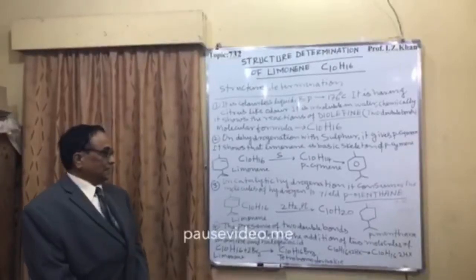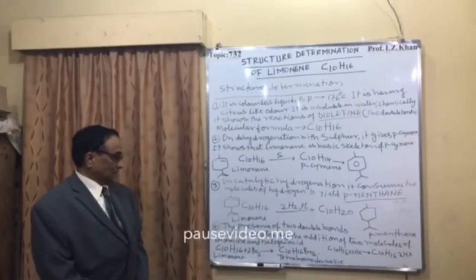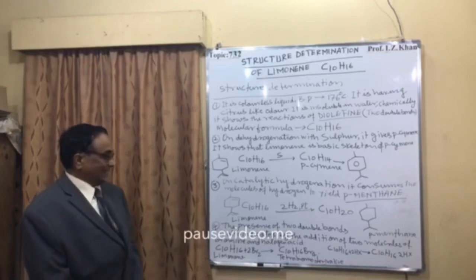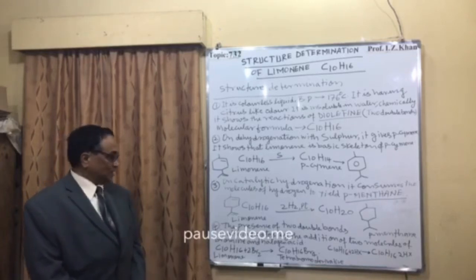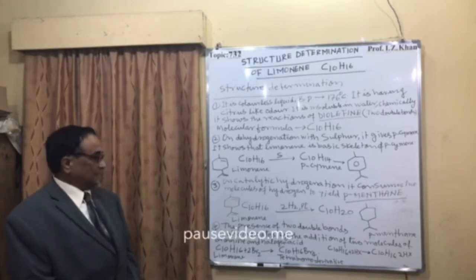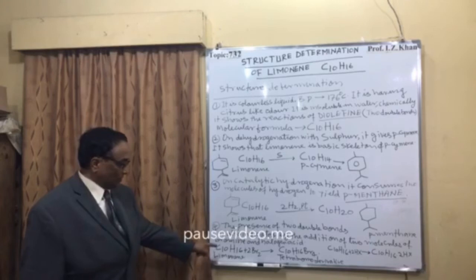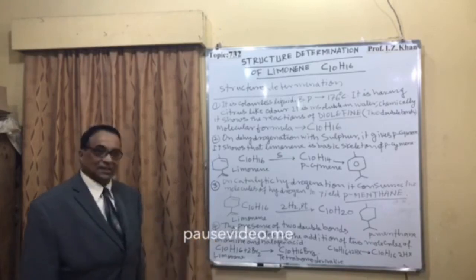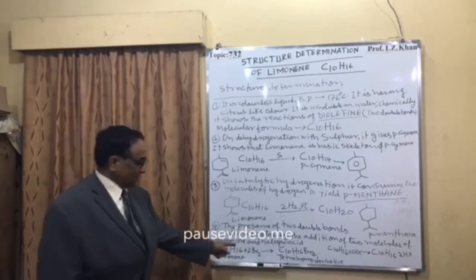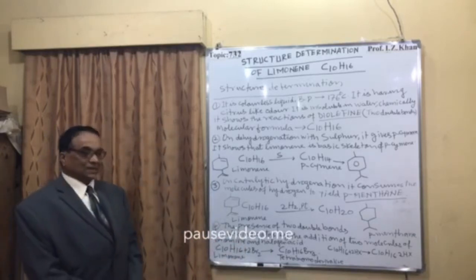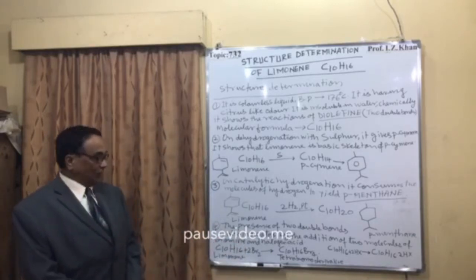Number 4, the presence of double bonds is also indicated by the addition of 2 molecules of bromine and also by halogen acids. Reaction 1: C10H16, limonene, when treated with 2 molecules of bromine, gives the tetrabromo derivative, C10H16Br4.